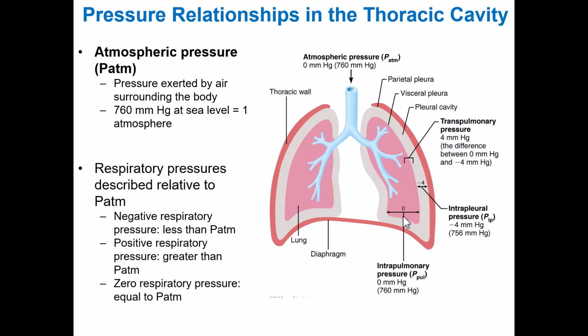And so the air in either the atmosphere or the lungs, depending on where the pressure is higher, air is always going to move from an area of high pressure to low pressure. So we're going to see this in a second. Some other pressures to consider is the pressure of this pleural cavity.